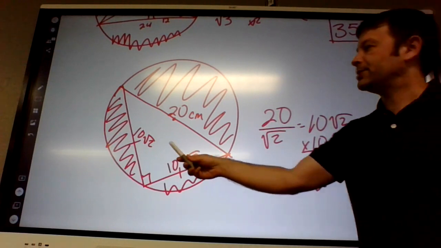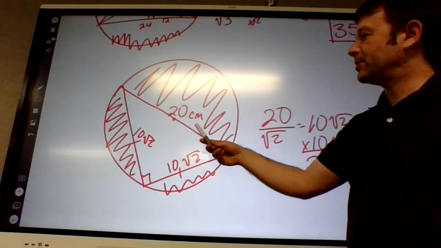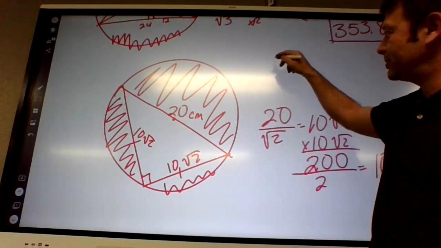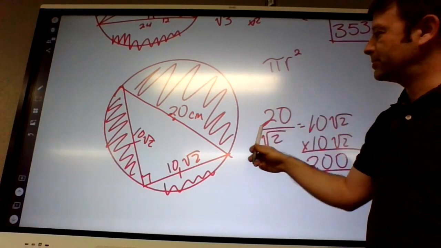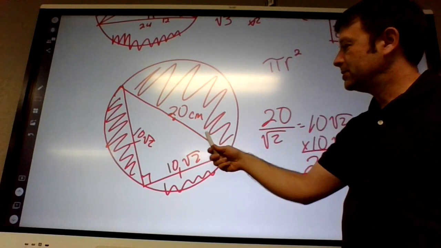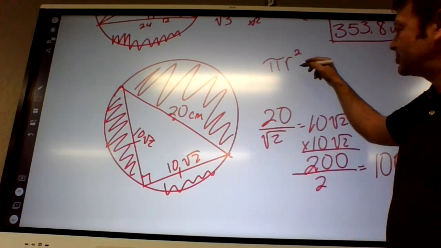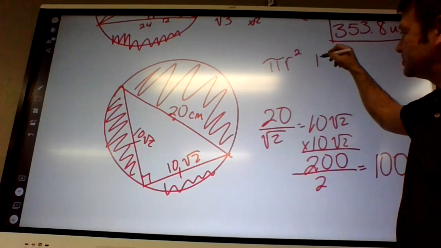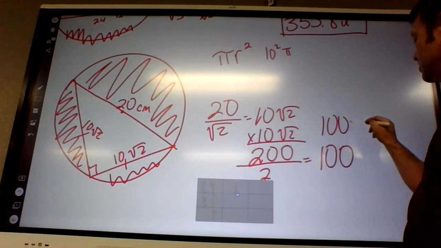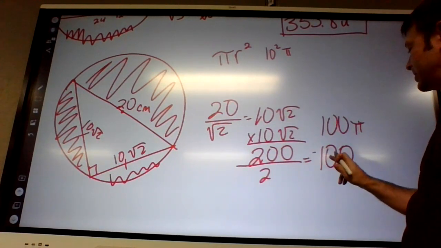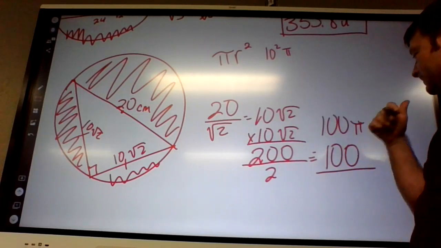Actually, maybe I should have done the circle first. What's the circle formula? What's the r on this circle? 10. 10 squared. So we got 100 pi on the circle, and then minus 100 on the triangle.